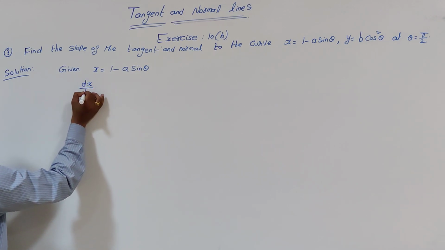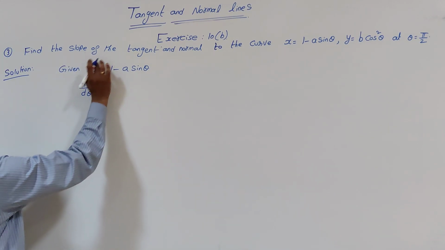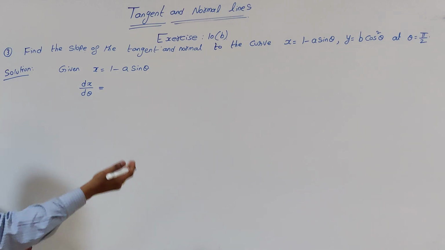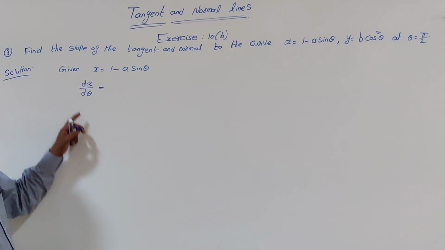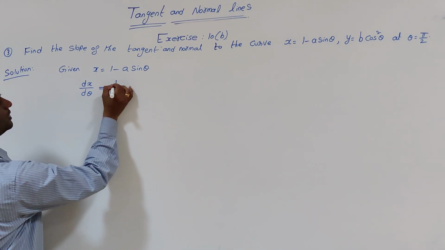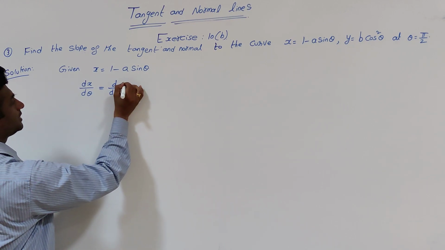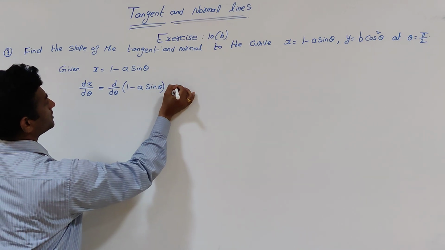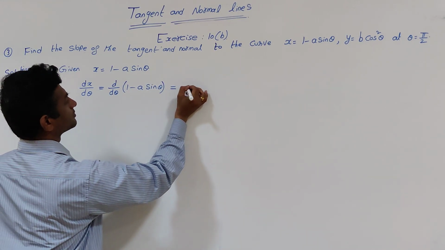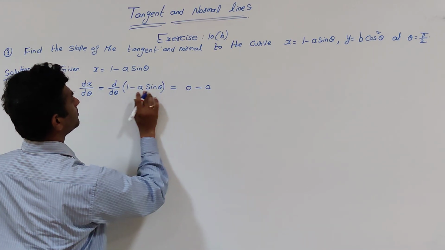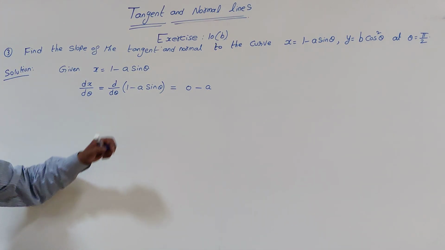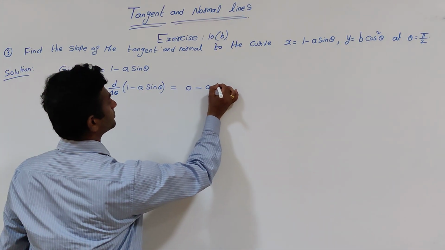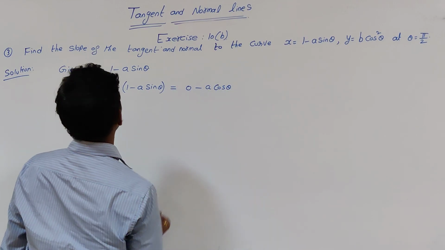dx by d theta, because x is dependent on theta, so the rate of change in x with respect to theta, that is dx by d theta, is equal to d by d theta of 1 minus a sin theta, which is derivative of 1 is 0 minus a, because a is constant, and derivative of sin theta is cos theta.